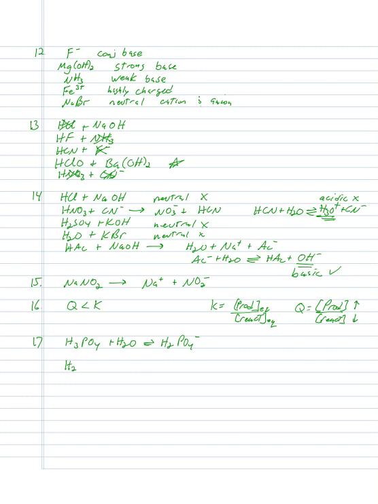We have H2PO4 minus plus water goes to HPO4 2 minus, and HPO4 2 minus plus water goes to PO4 3 minus. Now obviously there's H3O plus on all the rest of that.